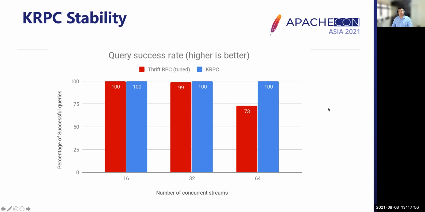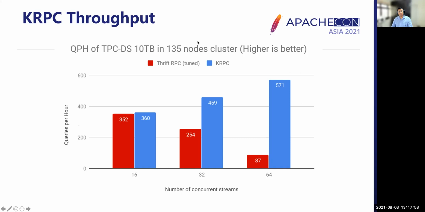With KRPC, we could run 100. The overall runtime also decreased. Here you see 64 concurrent threads. The number of queries per hour with Thrift was only 87, but with KRPC you could now run 571. So KRPC, which was introduced in CDH 5.15, has improved Impala performance overall.